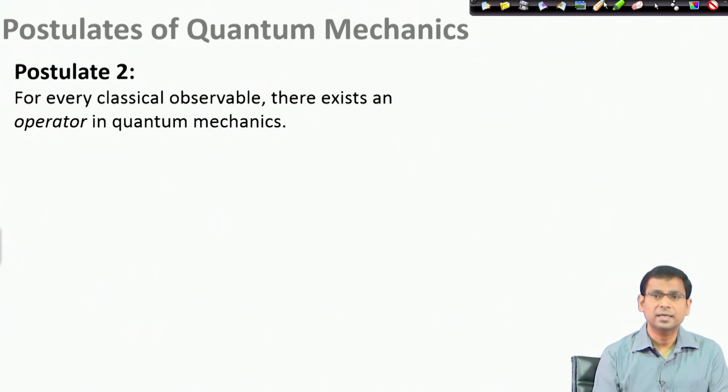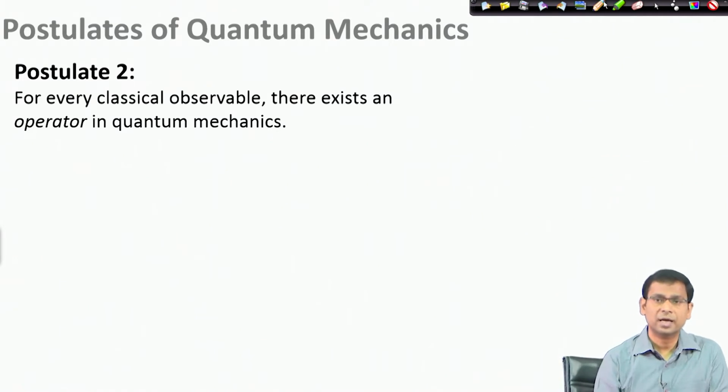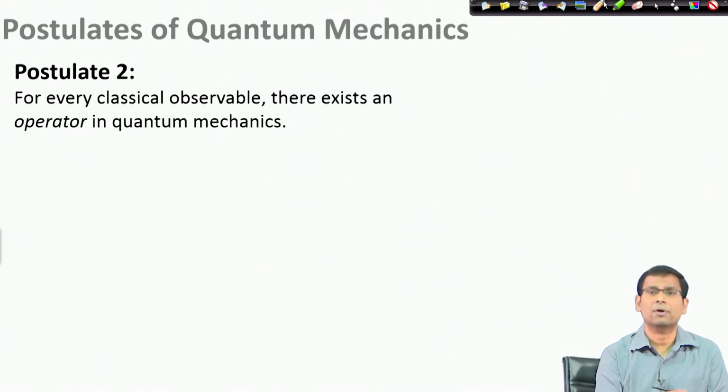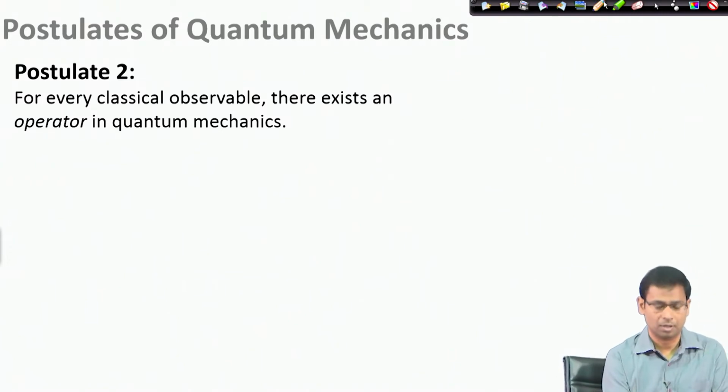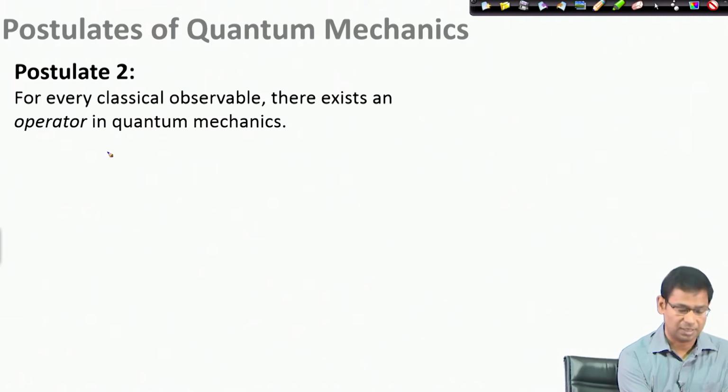In quantum mechanics, as the second postulate said, we have an operator for every classical observable. Now, in classical mechanics, when we have prepared a system, we would perhaps want to know a few dynamic observables about that system. For example, one common thing that we are always interested to know is the position of the particle.